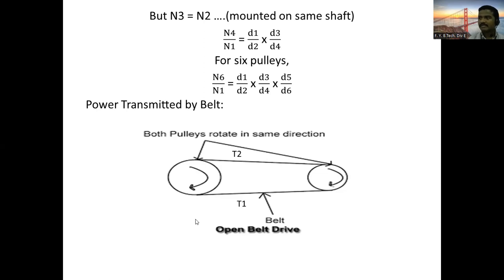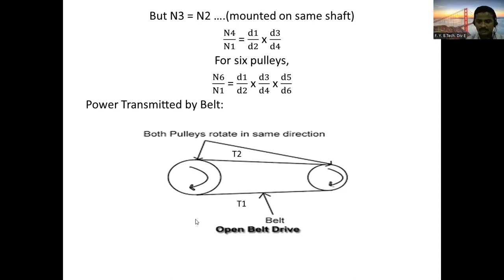If you are considering the open belt drive, how much power is transmitted? If you are considering the cross belt drive, how much power is transmitted? So we'll have to get one equation, that equation is called the amount of power transmitted.